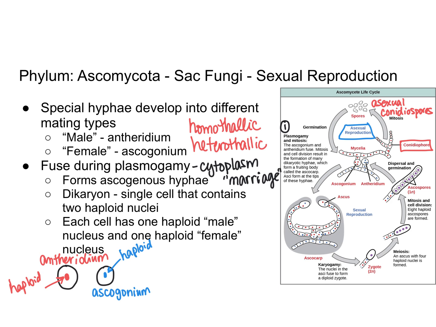And so the cell membrane, cell wall, and cytoplasm of these two cells are going to merge to form one structure, but the nuclei are not going to merge yet. So we end up with the structure known as a dikaryon.